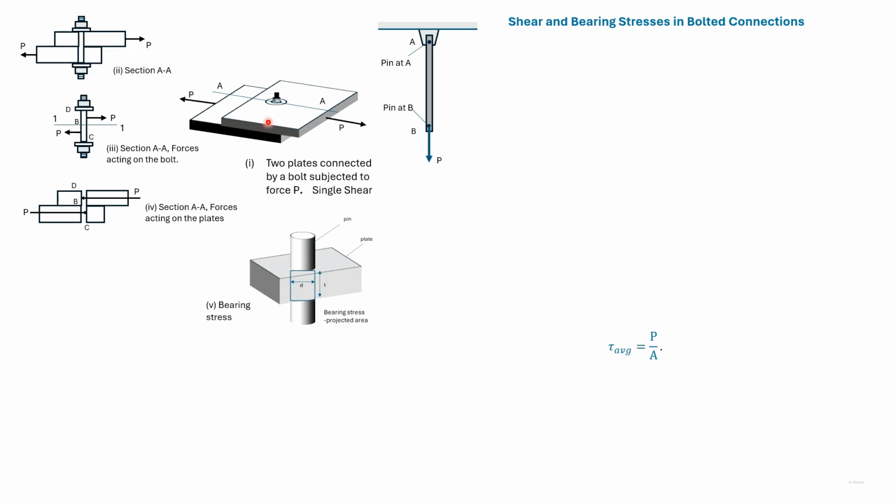The stress that the bolt exerts on the plate is called bearing stress. The variation of bearing stress is complicated, but the average bearing stress can be given by dividing the force by the projected area of the bolt on the plate.